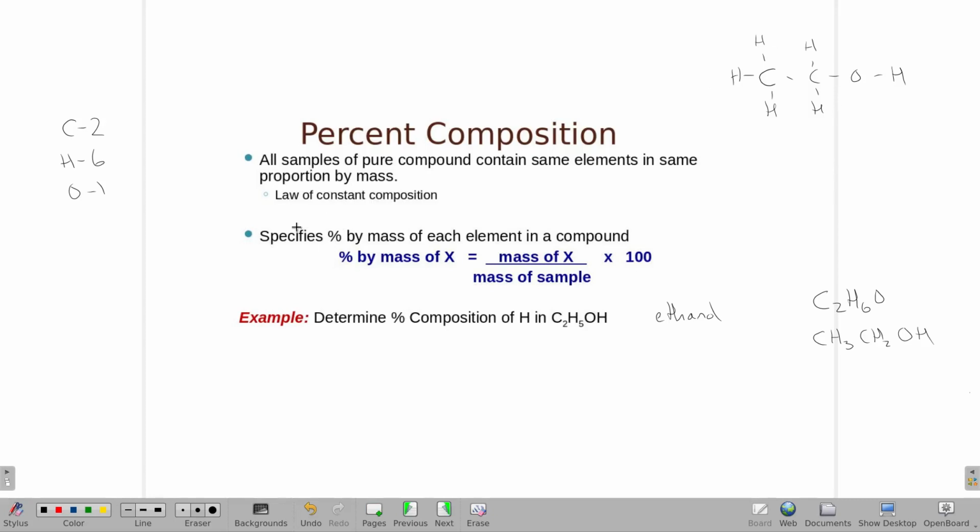Alright, so if I want to get the mass percent of, say, just the carbon in there, the very first thing I need to know is how much the entire molecule weighs. So that mass of the sample that shows here in this equation is that atomic weight, or that sum of the atomic weights.